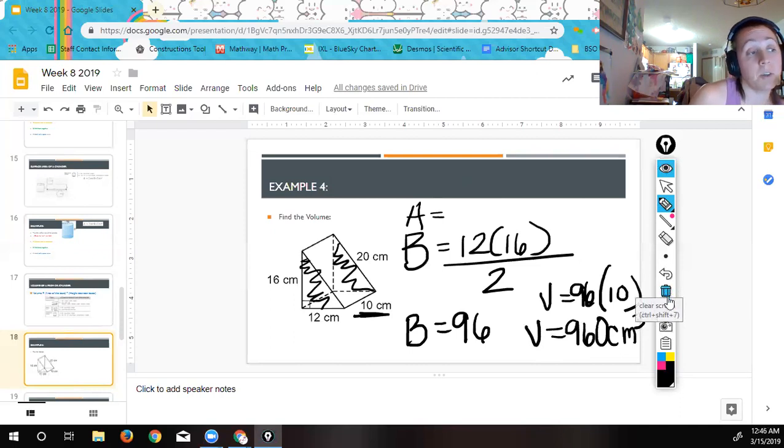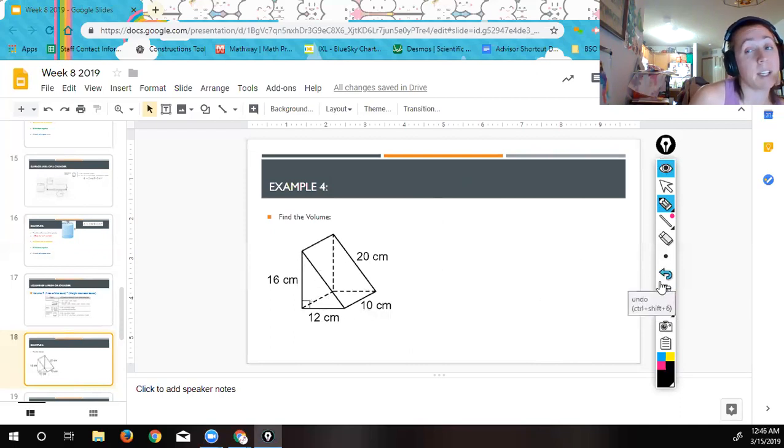Oh, I also want to show you how if you don't like thinking of the area of the base and whatever, here's another thing we can do. We don't need that 20. That's just a slant height. We don't need it. 16 is the height of my base. 12 is the base. 10 is the 3D height. It's what makes it 3D.